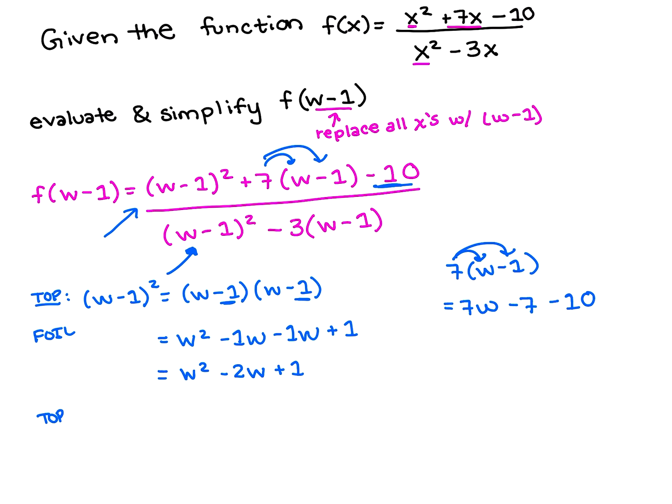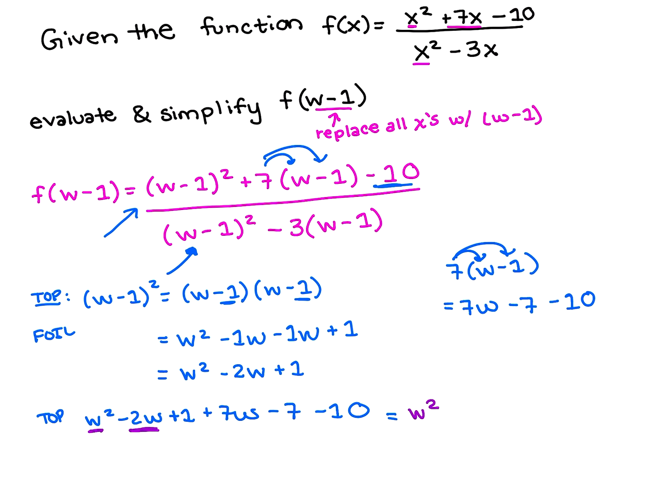So for the top, we have these three pieces. This w minus 1 squared ends up being w squared minus 2w plus 1. And then the 7 times w minus 1 ended up being plus 7w minus 7. And then we ended in a minus 10 for the top. And so we can reduce that to be what? Well, let's combine any like terms. So for the w squared, we just have 1w squared.